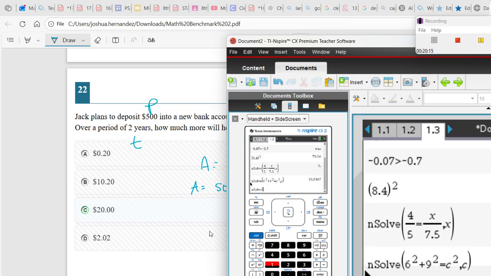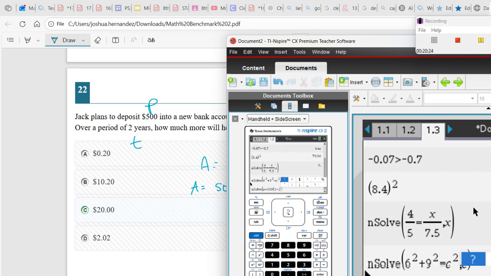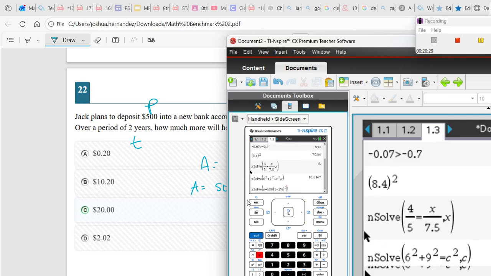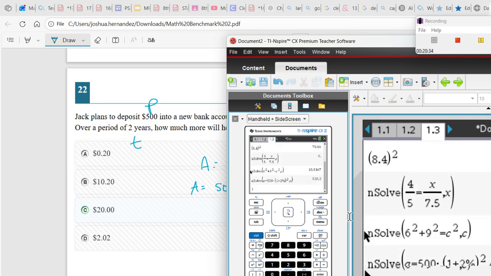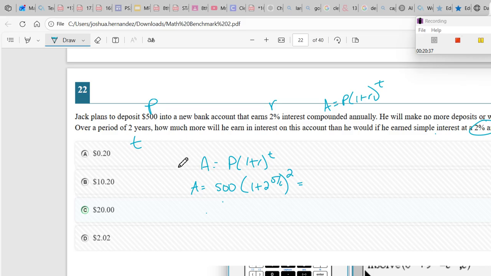Menu 3, 1. I'm going to go A is equal to 500, times 1 plus 2%, and only there for 2 years, and then we'll put comma A. Okay, so that's going to be the total, 520.